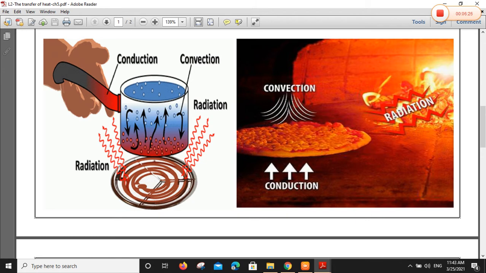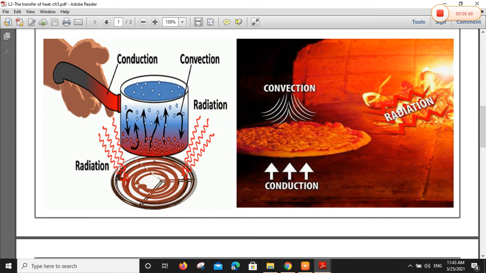The hot air rises up and the cold air falls down and gets heated and rises again, and the colder air is denser than the hotter one, so it falls down until a convection current is formed. This is convection directly above the pizza.